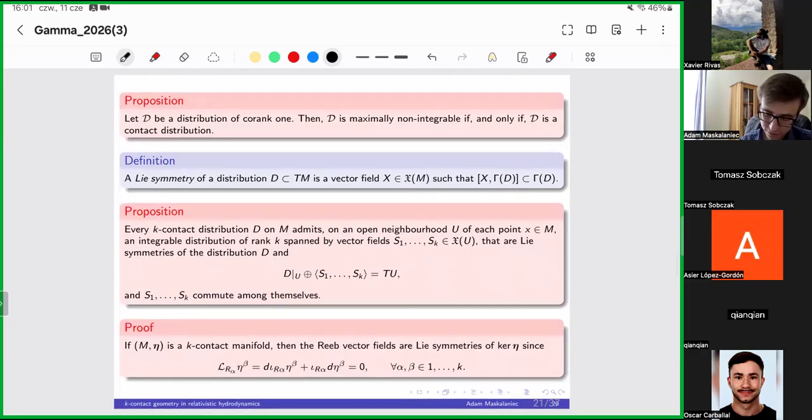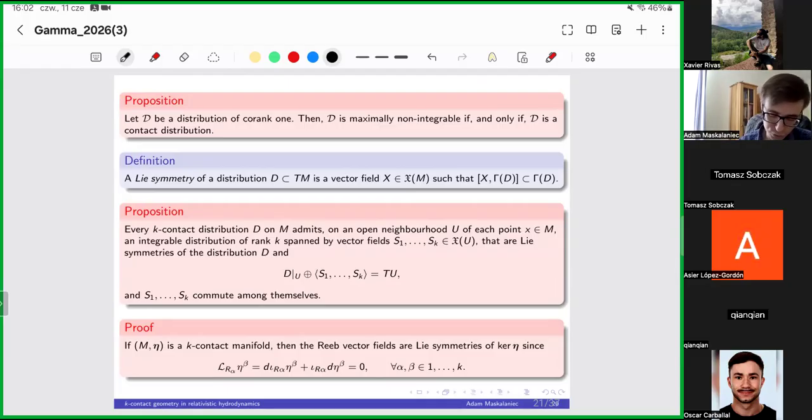However, in the k-contact case, we need yet another condition. So we need to analyze Lie symmetries of the distribution. So a Lie symmetry of a distribution is simply a vector field that preserves this distribution under the Lie bracket.